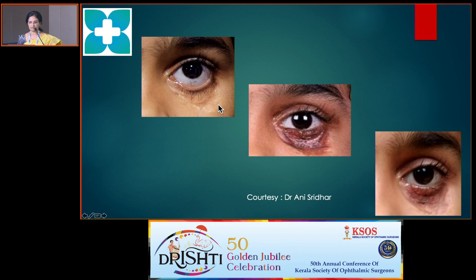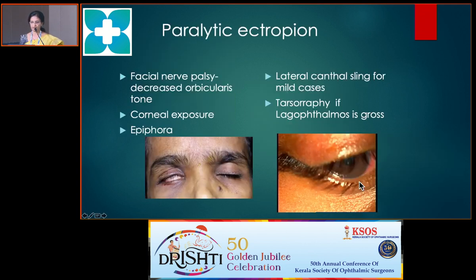This girl came with a history of abscess here, and it ruptured, and finally she had ectropion here, and her complaint was watering. So a skin graft was taken from the upper lid, and this is after 2 weeks, and after 2 months, this is the appearance. Some pigmentation is there, but the ectropion is relieved.